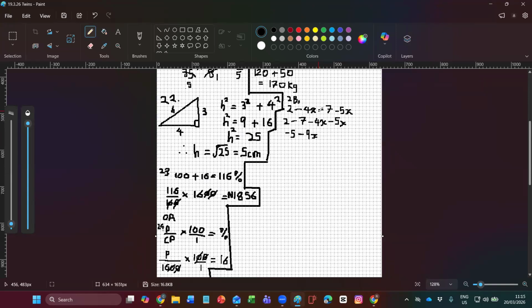Okay, fine. So I'll put equals to now. If I put equals to, it's not going to mess things up like this. Okay, it won't. 2 plus 7. No, it's not 2 plus 7.